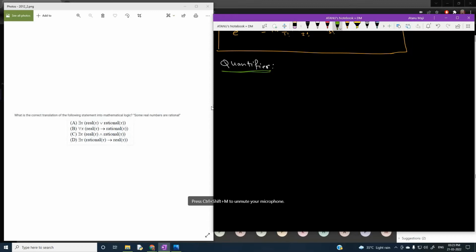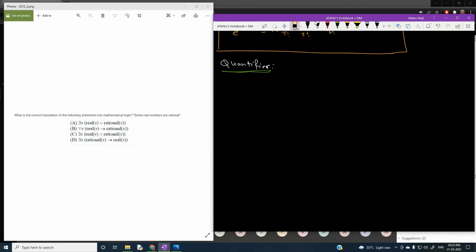If that proposition is true for every possible x, we should use one quantifier, that is called the universal quantifier. The symbol is this one, and whatever the variable you are using, you have to just write the name of the variable. Like I can write x or y or z like this.